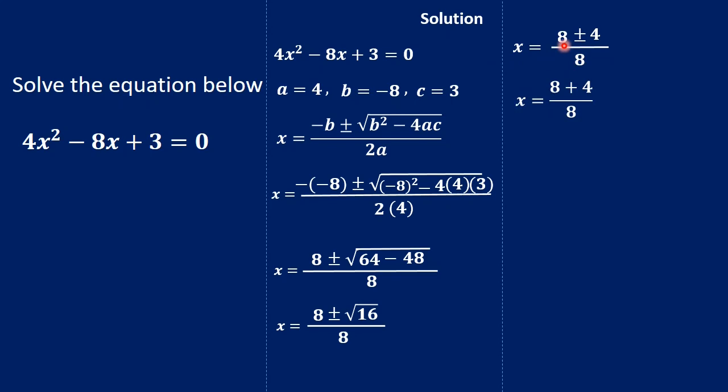So x is either 8 plus 4 all over 8, which is 12 over 8 and 3 over 2, or x is 8 minus 4 all over 8, which is 4 over 8, and when we cancel out we get 1 over 2.